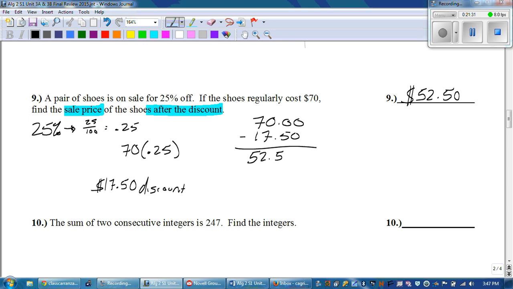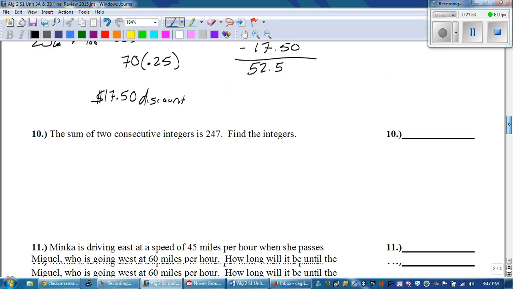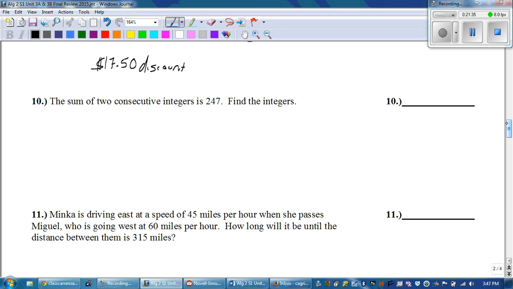All right, we're almost done. Number 10, the sum of 2 consecutive integers is 247. Find the integers. Okay, so the sum of 2 consecutive integers is 247.